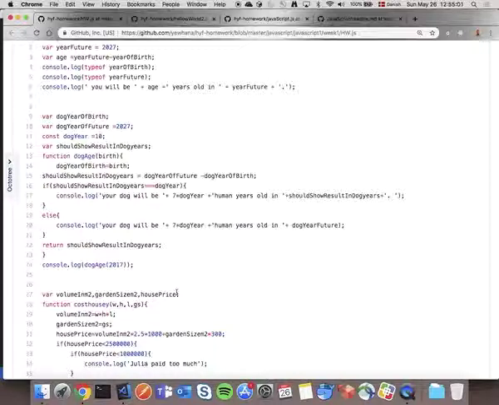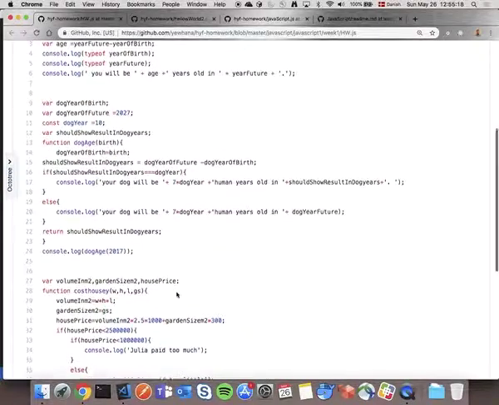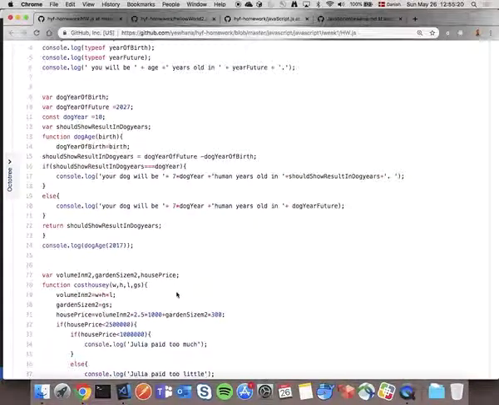You can say equals 0 if you want all of them to start at 0. If you want to compare a value with one condition, it's okay to use if, then, else. But if we need to compare this value with many conditions, you can use else if.